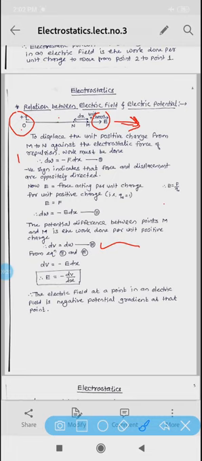What is dV by dx? dV by dx is nothing but the potential gradient, and therefore the electric field at a point in an electric field is the negative potential gradient at that point.